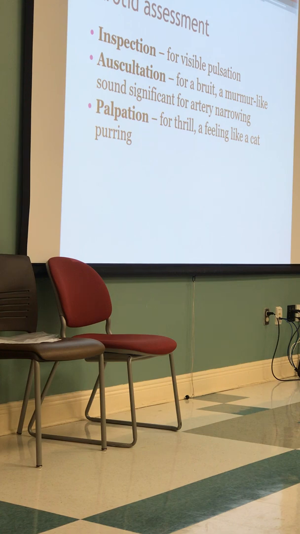You hear a murmur at the valve, and you palpate for a thrill. In the carotids, it's a bruit. I'm sorry, you listen for a bruit and palpate for a thrill. Sorry, the vessels.